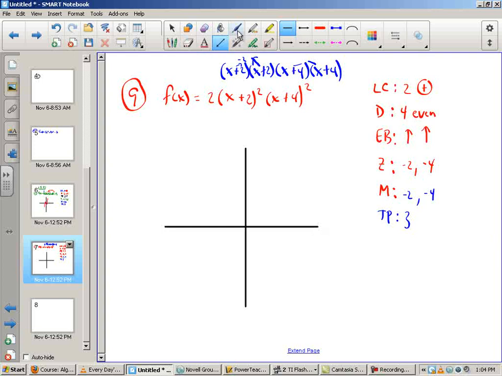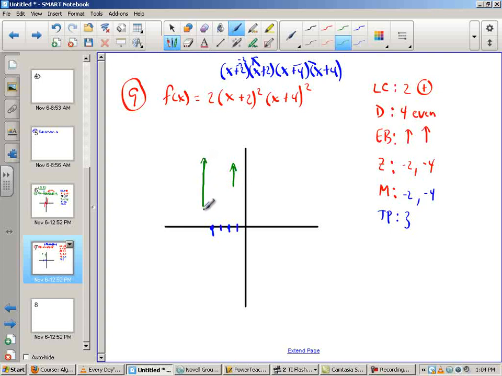And this is very similar to what you'll see when you take the test for this part of the test. 1, 2, 3, 4. So I'll put a dot there at negative 4, a dot there at 2. My end behavior is up on both sides, so up here and up here.